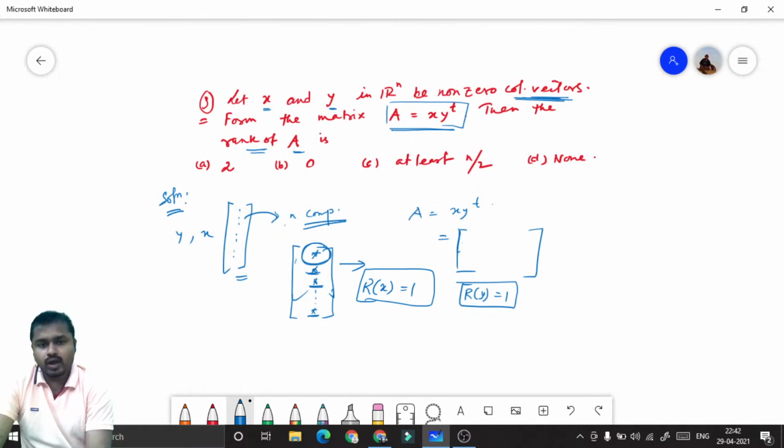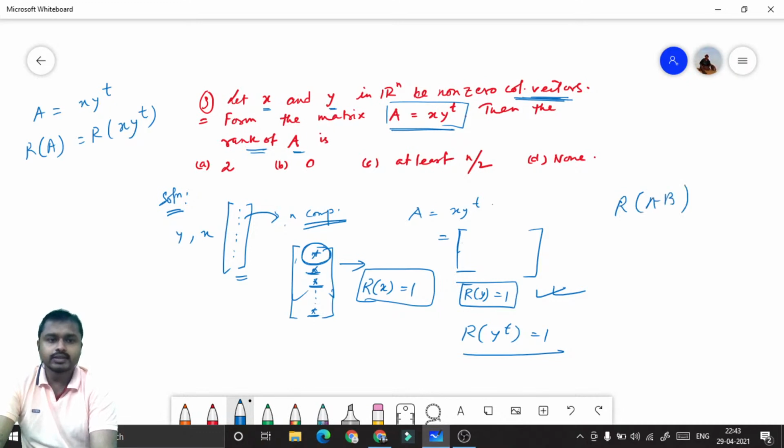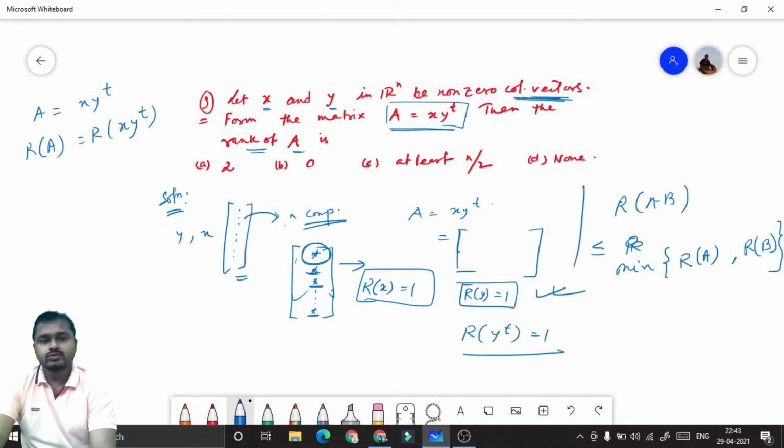Okay. So once rank of y is equal to 1, immediately you can conclude rank of y transpose is also 1. Fine. Now you concentrate on this matrix. Rank of A is going to be rank of x y transpose. And you know that for square matrices, rank of A B is less than or equal to the minimum of rank of A, comma rank of B. This is a well-known standard result, so we are going to use this result here.